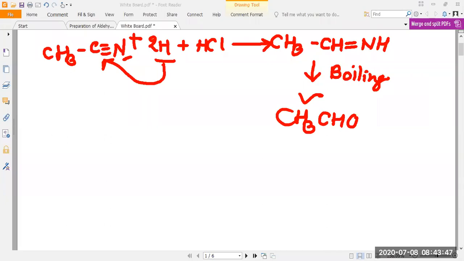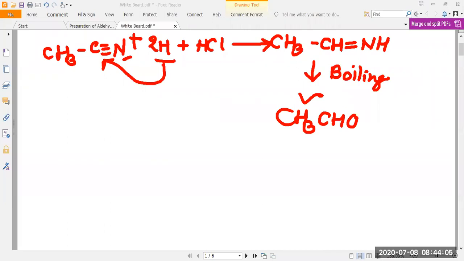Then I will write the reaction in this manner: CH double bond NH.